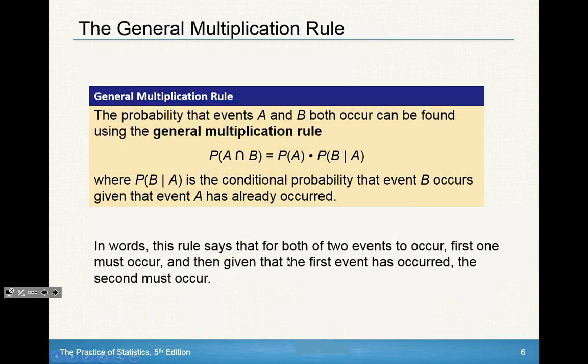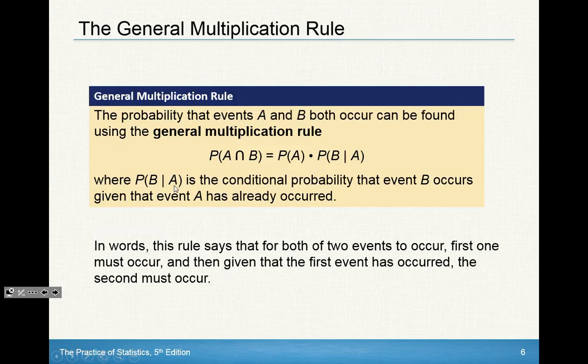The general multiplication rule: the probability that events A and B both occur can be found using the general multiplication rule, that the probability of A intersection B, remember that intersection does mean and, is equal to the probability of A times the probability of B given A, where the probability of B given A is the conditional probability that event B occurs given that event A has already occurred.